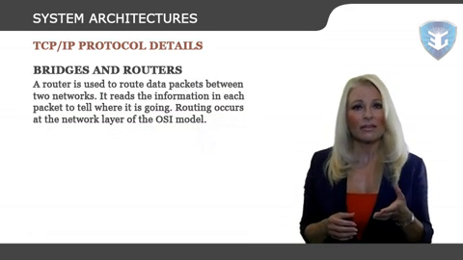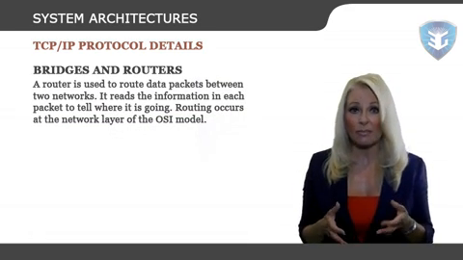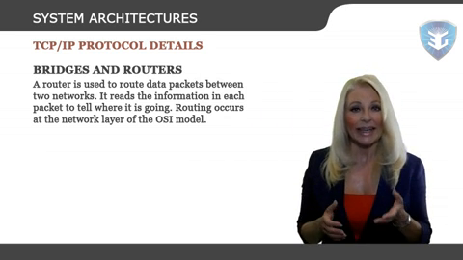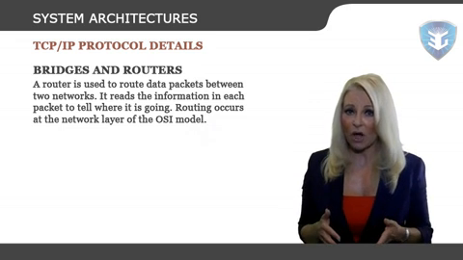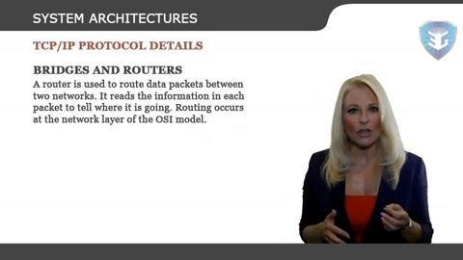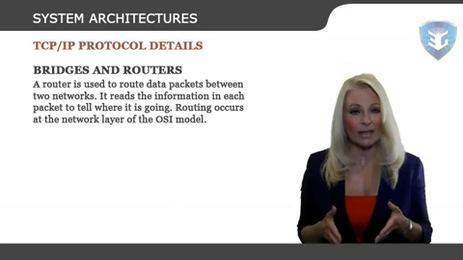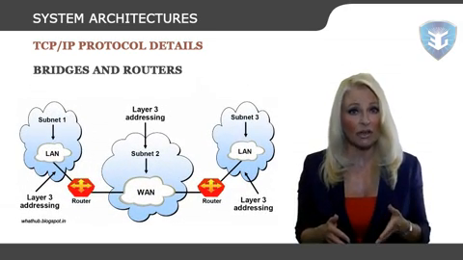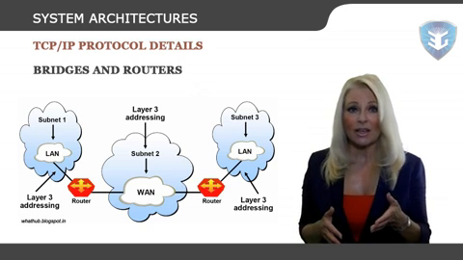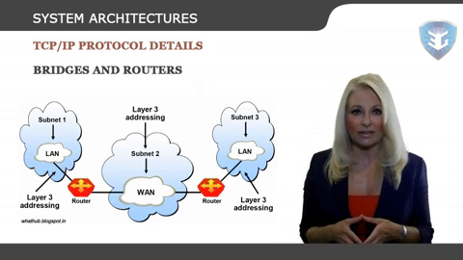A router is used to route data packets between 2 networks. It reads the information in each packet to tell where it is going. Routing occurs at the network layer of the OSI model. Routers can connect networks with different architectures such as token ring and Ethernet.